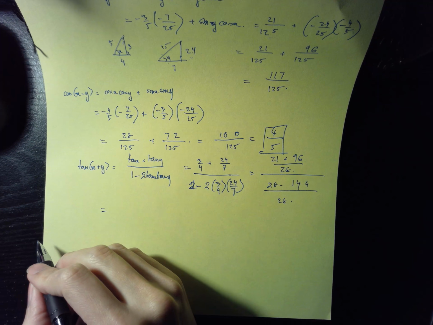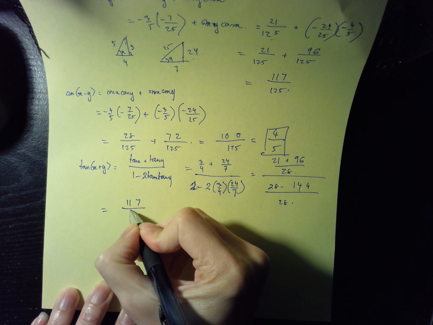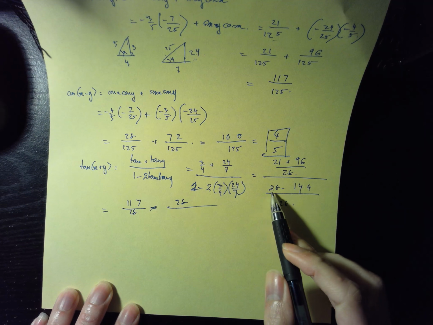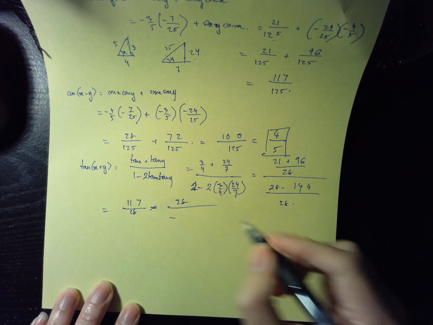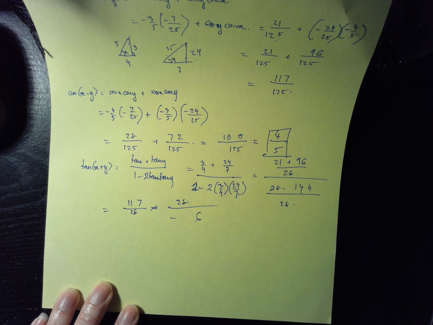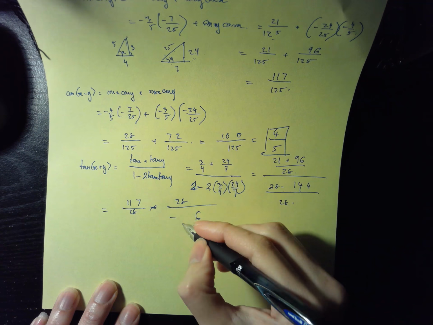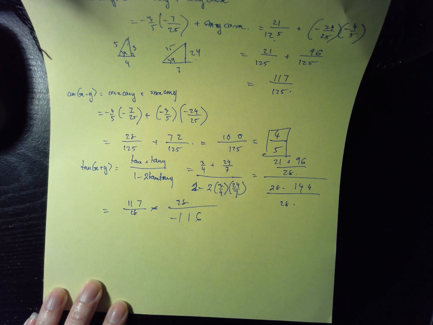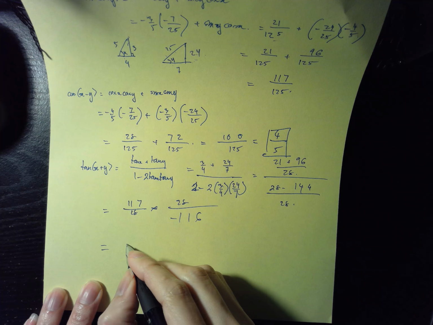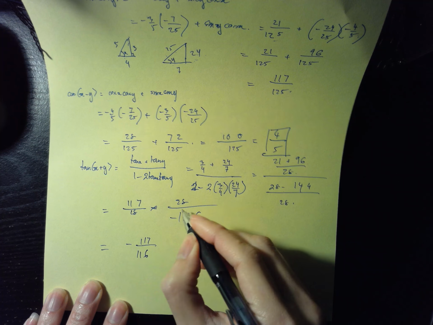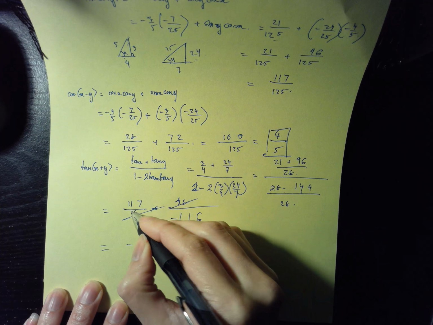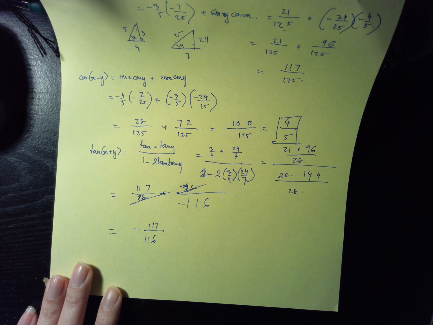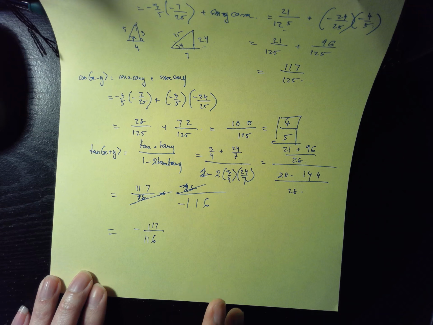So you have 21 plus 96 is 117 over 28, divided by, you multiply by the reciprocal, 28 over 28, 1 minus 144 over 28 gives you 28 minus 144, so you have negative 116, right? So you have negative 117 over 116 because 28 and 28 over here cancel out. Okay, well, that's a nice number. It's not really a small number, but that's nice enough.